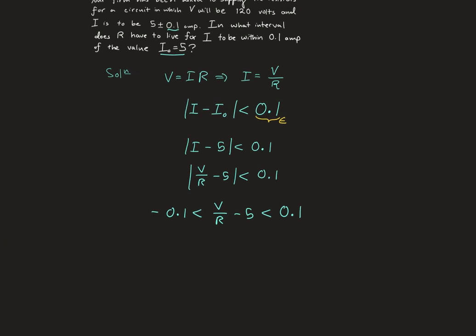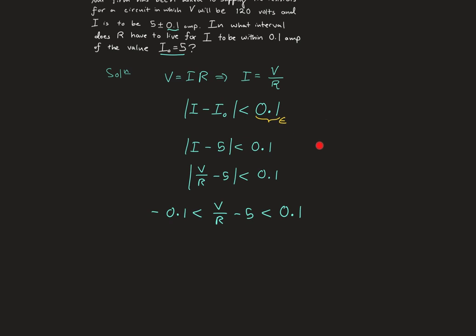And we can solve for V over R. The thing that we want by itself is given in the problem statement. In what interval does R have to live for I to be within 0.1 amperes of the value I initial equals 5? Notice we are working backwards. We want to force this to happen, but at the beginning we're assuming that this is true and then asking, okay, if this is true, what must R be to cause this true situation that we already have? It's a little bit backwards.